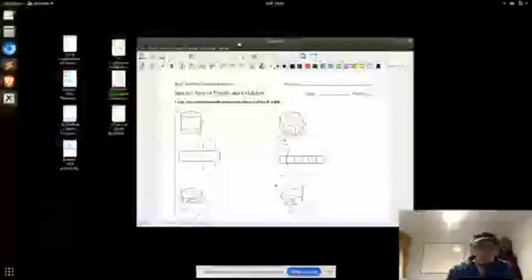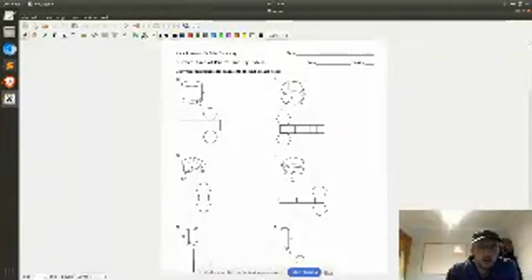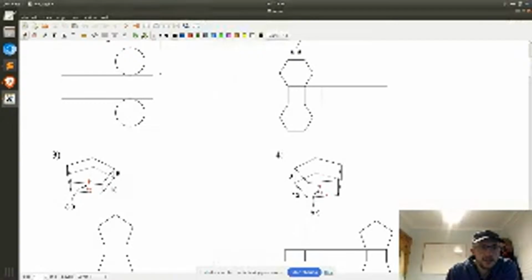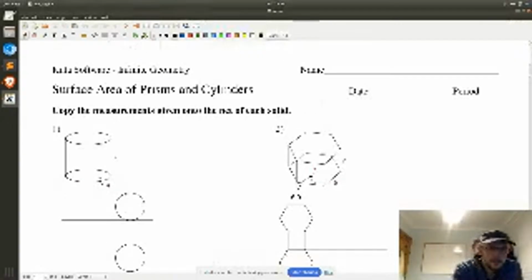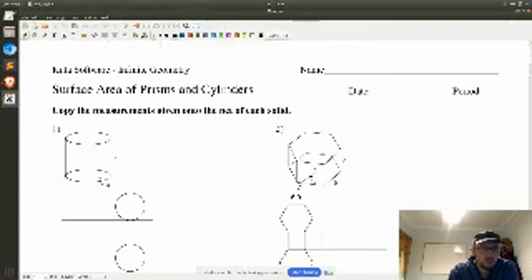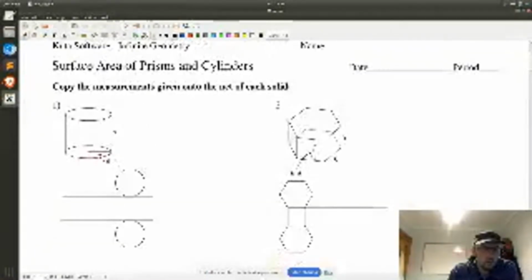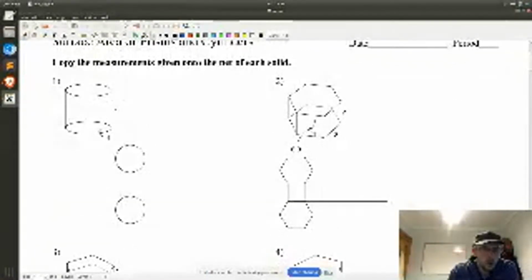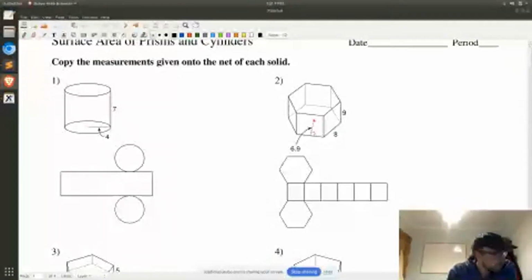And now considering surface area of prisms and cylinders. Not sure what this is asking. I see.